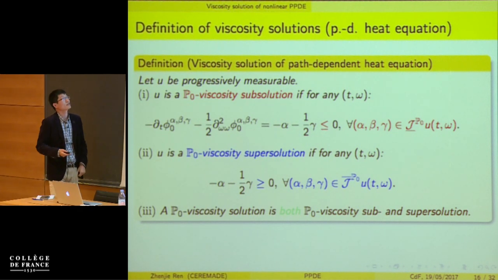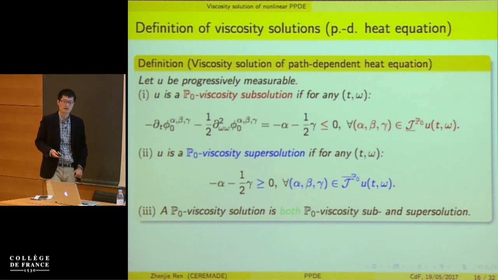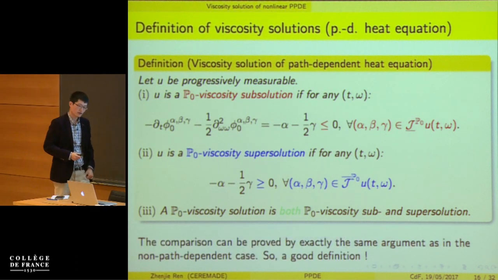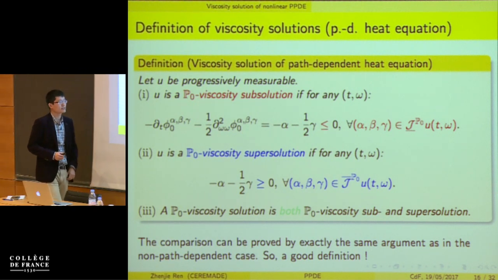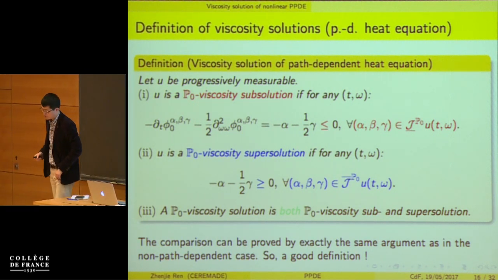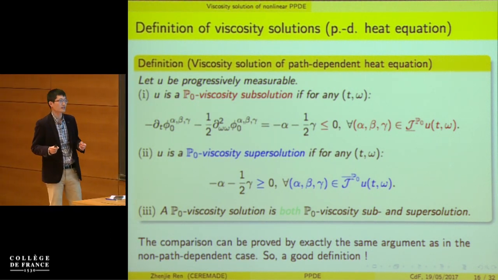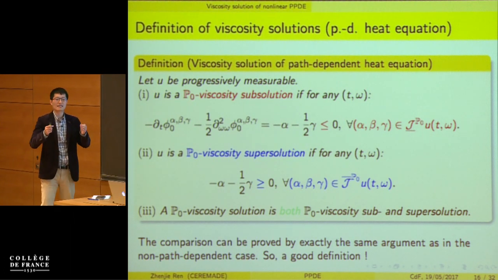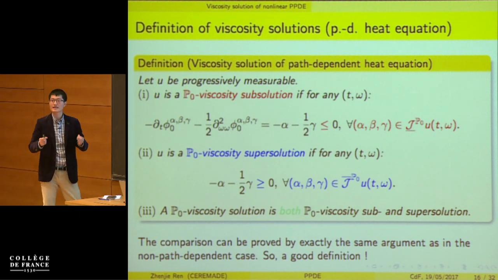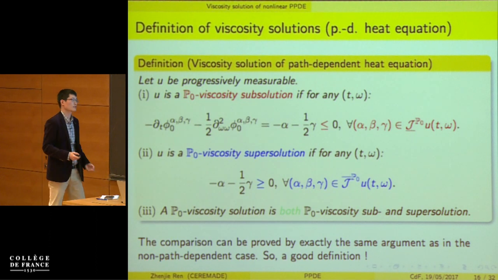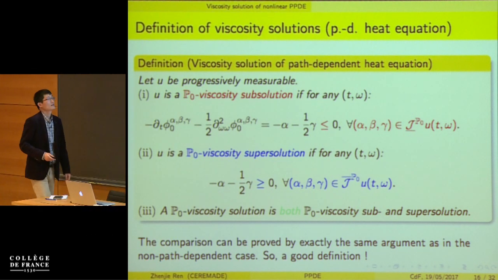So this is the definition of viscosity solution to the path-dependent heat equation, and it is a good definition. Why? Because we can still prove the comparison principle using exactly the same argument as before. We still have the lemma about the equivalence between the supermartingale and the P0 supersolution, also for the subsolution. And then we have the same argument to prove the comparison principle.